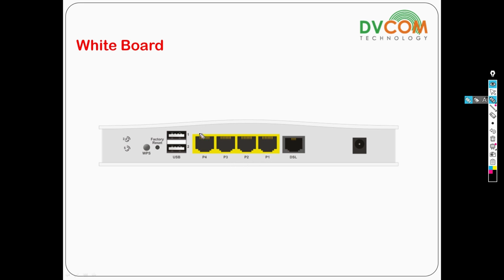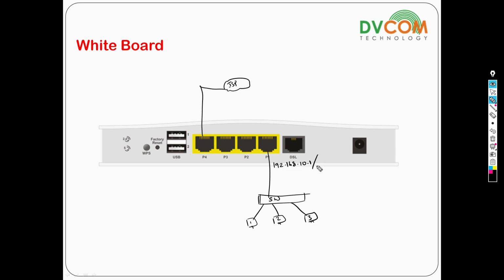It's very simple. Port number 4, you can connect to the internet. Port number 1, you can connect to your network switch. After that you can connect all your end devices, PC1, PC2, PC3, whatever end devices you want to connect. And you can change the IP address according to your requirement. So I want to change it to 192.168.10.1. Then after that I want to assign the DHCP.